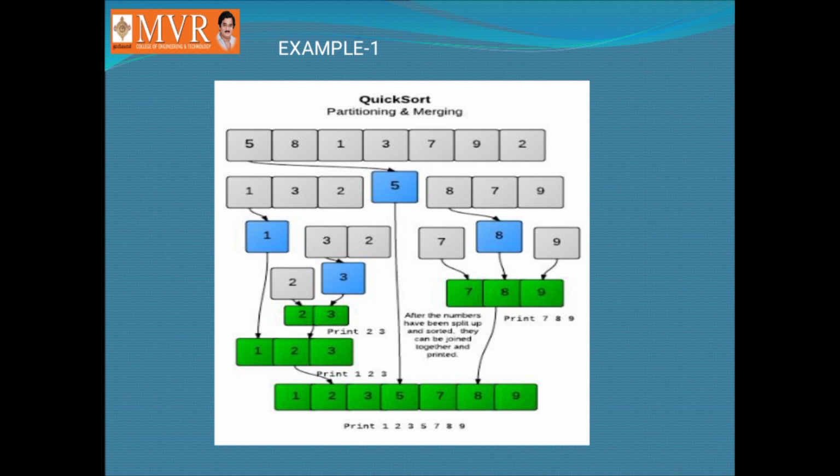And after that, in the right sublist also assume one pivot element, here I have assumed 8 as my pivot element, and based on it I have performed the comparisons and swappings. And after that, the element before 8, that is 7, the smallest element, is on the left side, and the element after 8, that is 9, is on the right hand side.